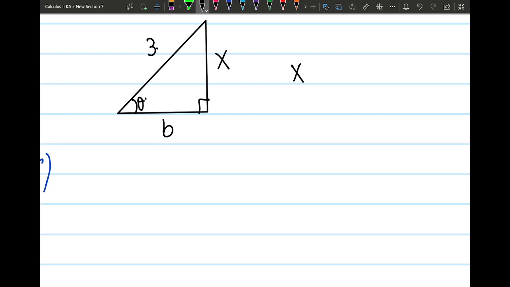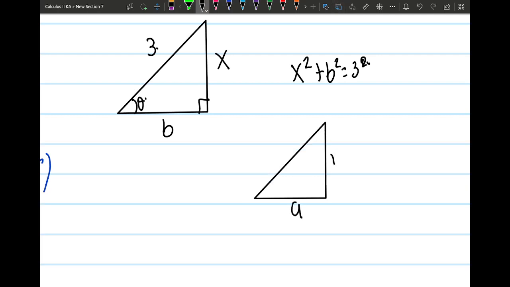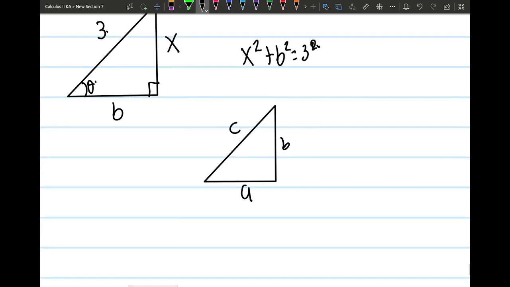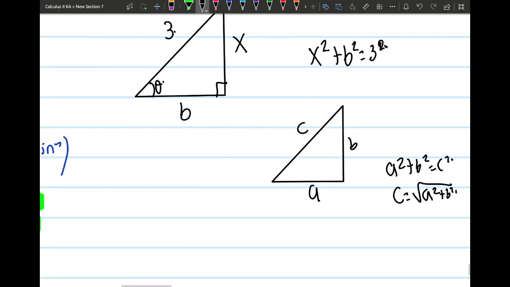Using the Pythagorean theorem, I know it's x squared plus b squared equals 3 squared. If you don't know what the Pythagorean theorem is, I'm just going to quickly tell you. If I have a, b, and c, I know that a squared plus b squared equals c squared, or c equals the square root of a squared plus b squared. That's the Pythagorean theorem.